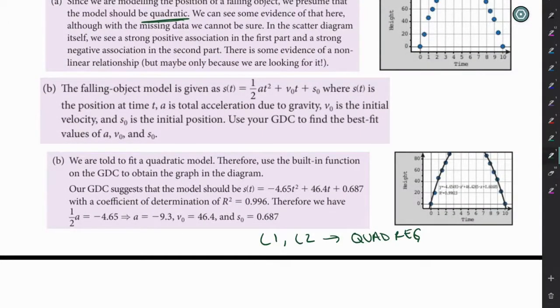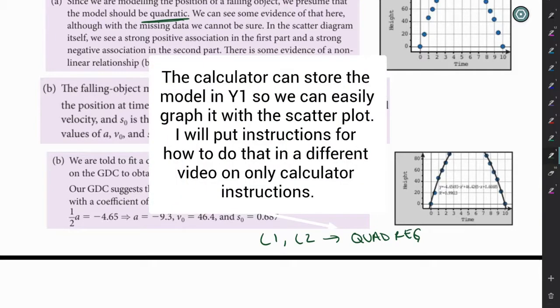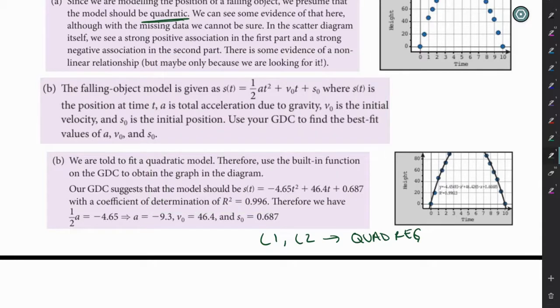So if we tell the calculator to store the values, it's going to graph everything at once. So I'm going to make a separate video with the calculator steps to get the quadratic regression and the scatter plot all there together. So I'll put that separately in case you need to review that. I think it's better than putting it in the lesson with everything else.